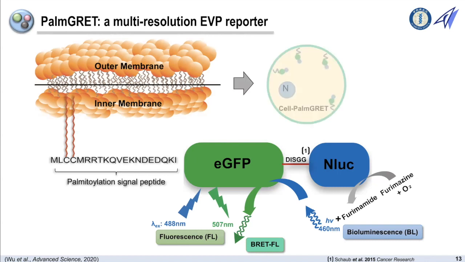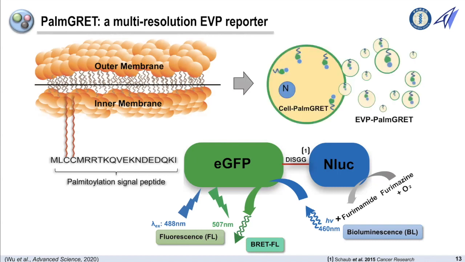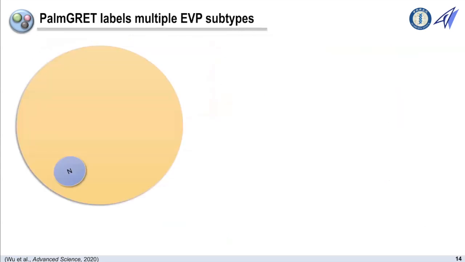Upon expression, we are able to harvest the EVs expressing our PalmGRET. And we anticipate this PalmGRET to label multiple different subtypes, as previously introduced by Charles. We want to test its accuracy and specificity, its pan-labeling ability across multiple EV subtypes.